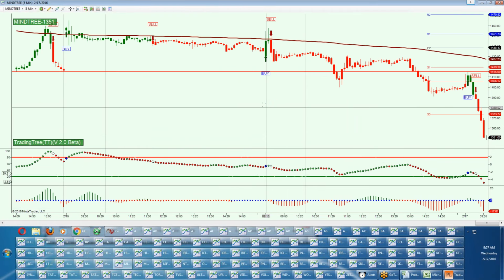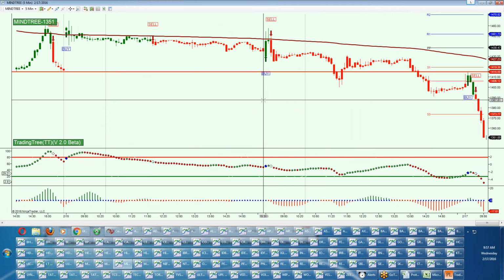So Mindtree, your entry was here, roughly around 1390, fallen by 40 rupees.